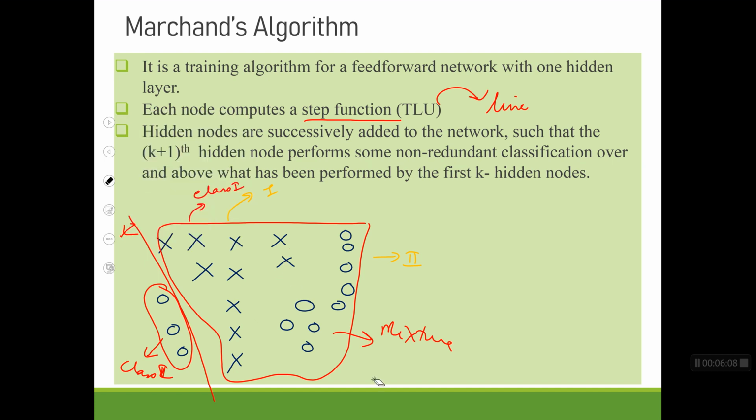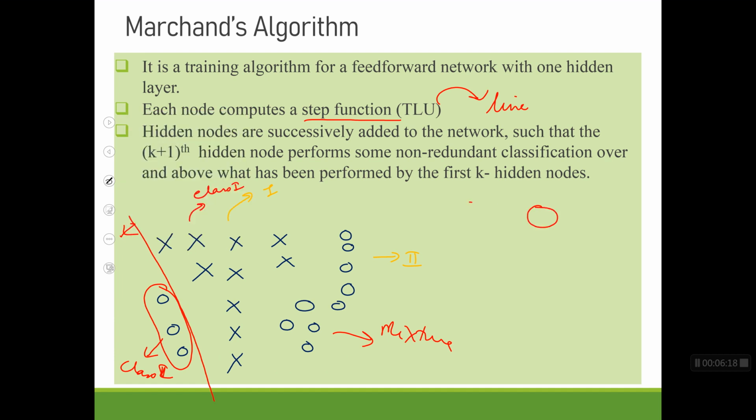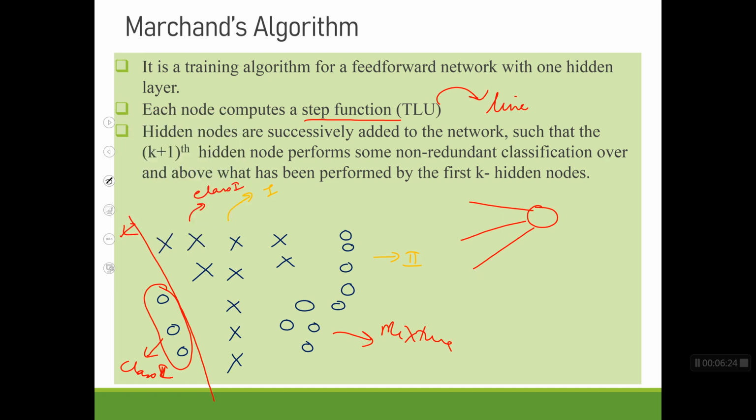Now if I go further, I can do the second step. In the first step, I had a neural network giving me something like this. In the second step, I take one more neuron to classify the other part.